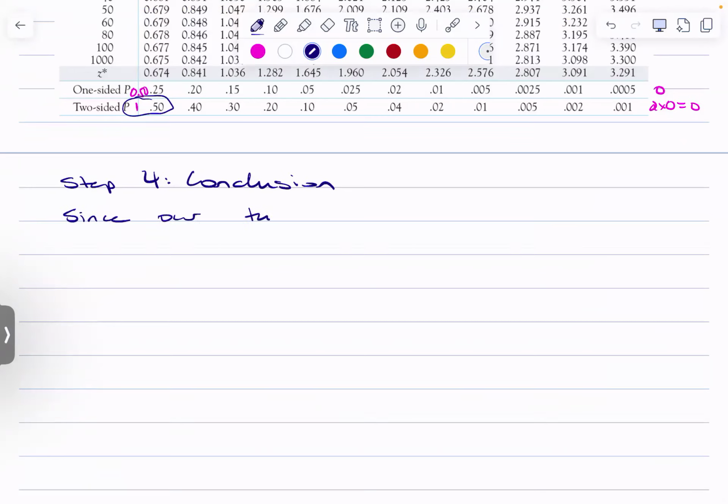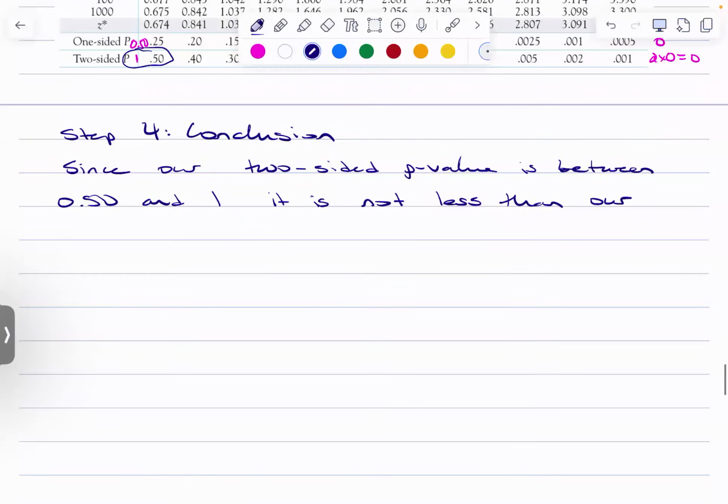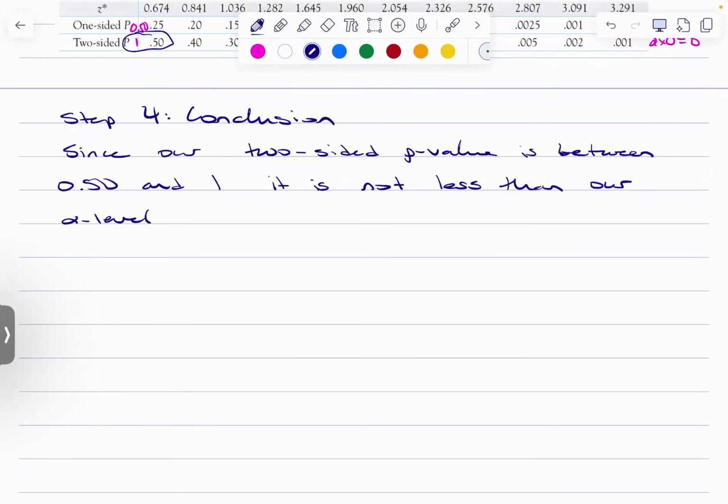Since our two-sided p-value is between 0.5 and 1, that's not less than 0.05, right? We were asked to use an alpha level of 0.05. Okay. It is not less than our alpha level of 0.05.